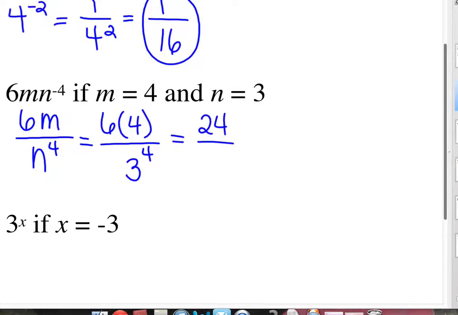Down in the denominator, 3 to the 4th power is not 12, right? It's 3 times 3 times 3 times 3. It gives us 81. And if you're good at simplifying fractions, awesome. If you're not, you better plug that thing in your calculator and see if it simplifies. Because it does. It becomes 8/27. You can divide both of those by 3.